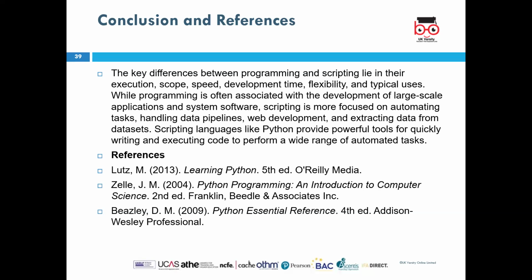Scripting is more focused on automating tasks, handling data pipelines, web development, and extracting data from datasets. We're now looking into data analysis and machine learning. Scripting languages like Python provide powerful tools for quickly writing and executing code to perform a wide range of automation tasks.